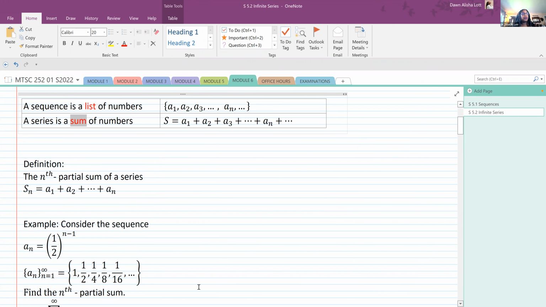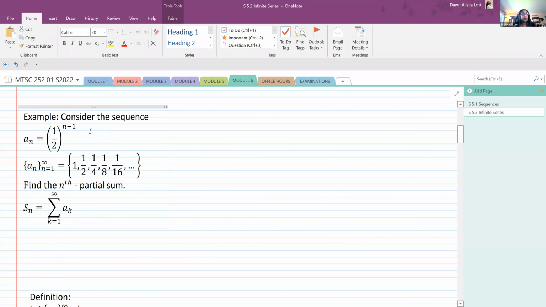For example, if I look at this sequence, I have the sequence (1/2)^(n-1). So the first term is n equals 1. I get 1/2 to the 0 power, that gives me 1. When I do n equals 2, I get 1/2 to the first power, that gives me 1/2.